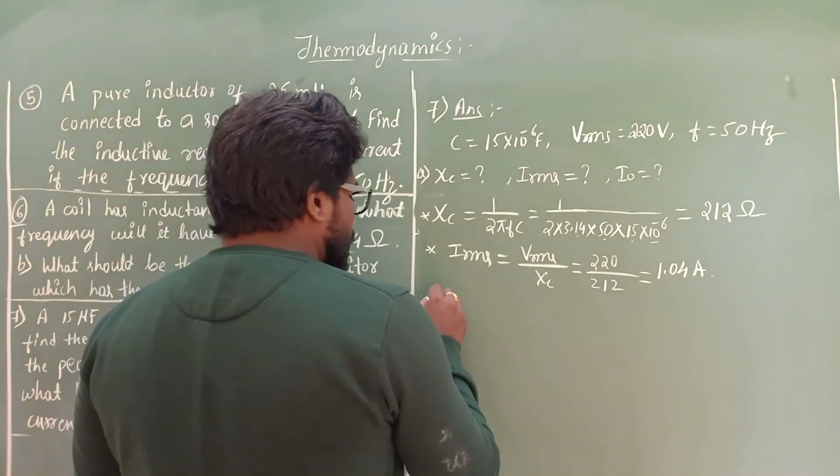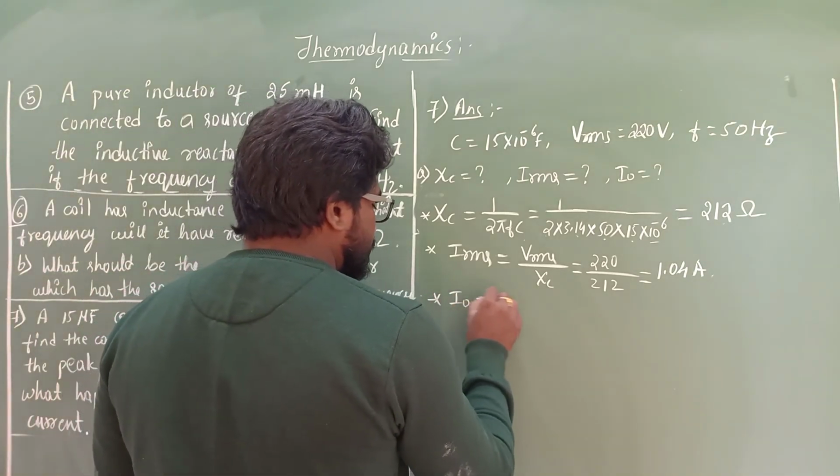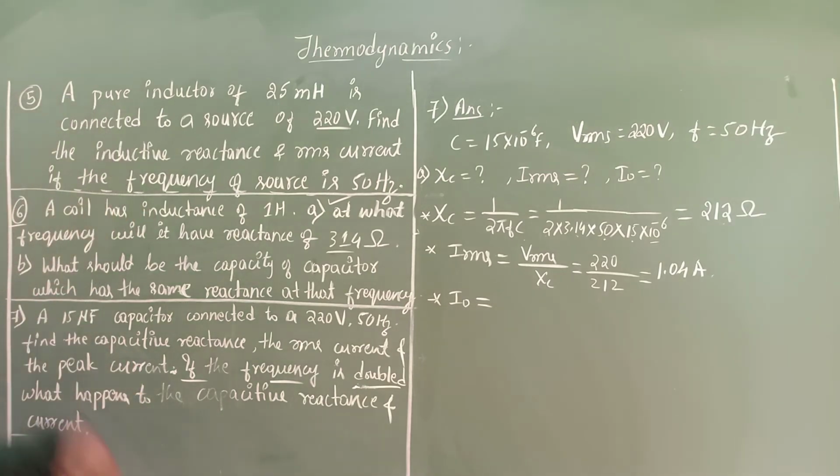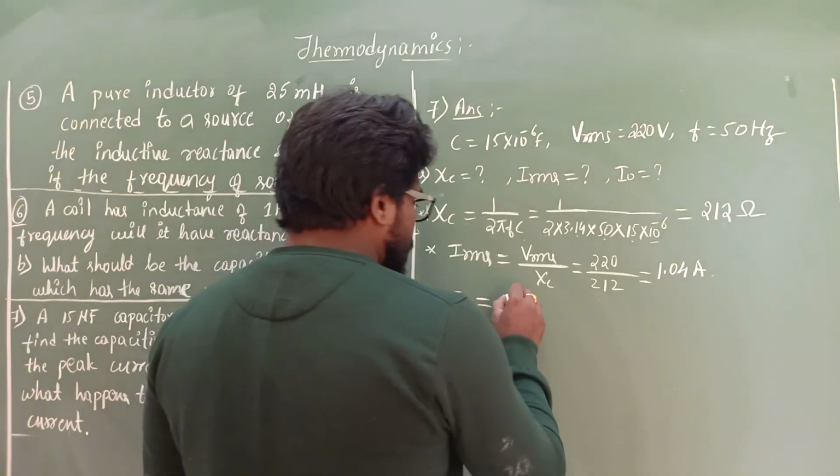Similarly, what about I naught? It is the maximum, or peak, value of current, given by IRMS into root 2.